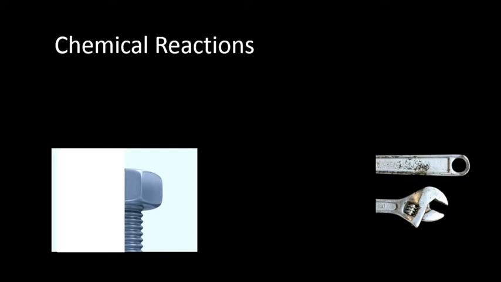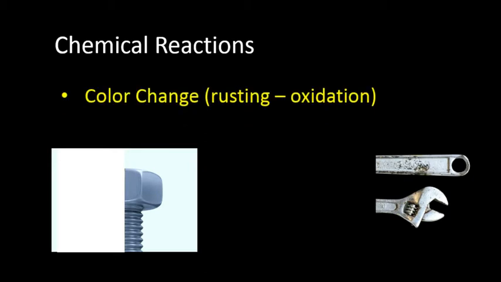Now, going into signs of a chemical reaction, how do you know that a chemical reaction has occurred? One is a change of color, and the one that I want to point out is the one that you're most commonly familiar with, something called rusting or oxidation, where the metal is reacting with oxygen.